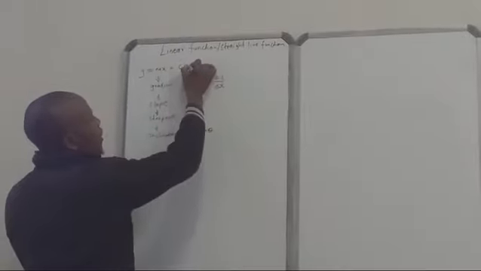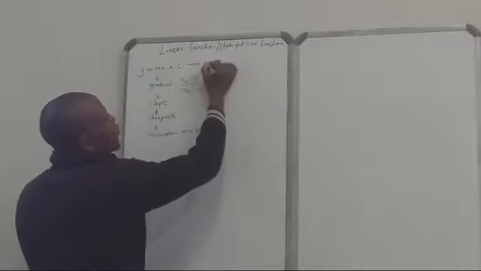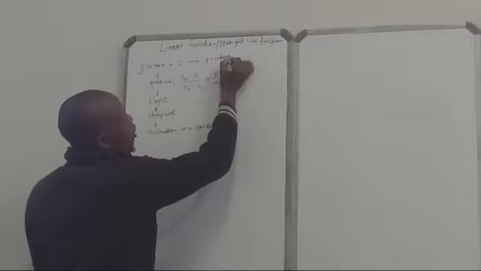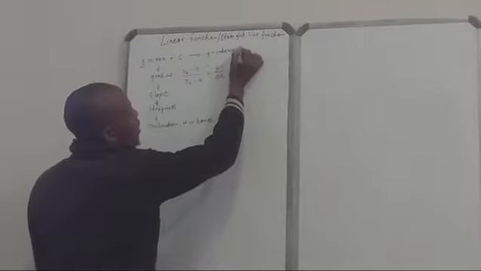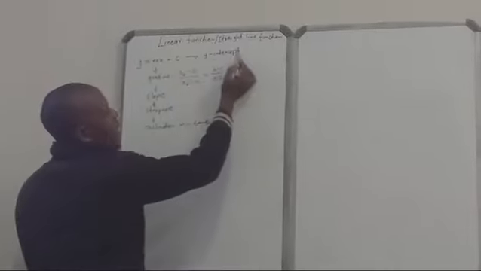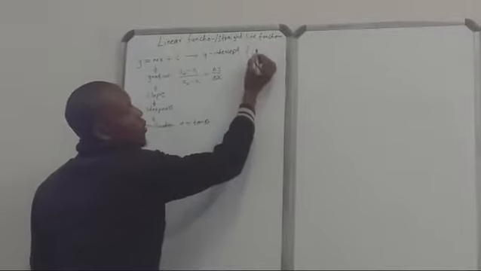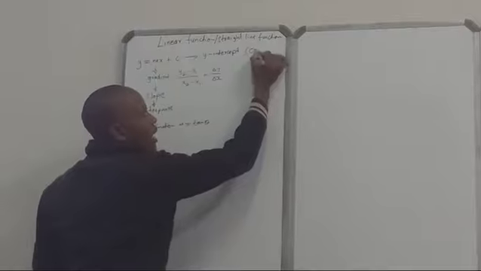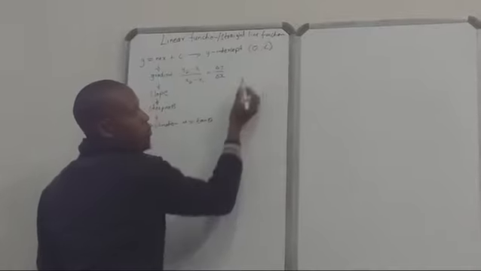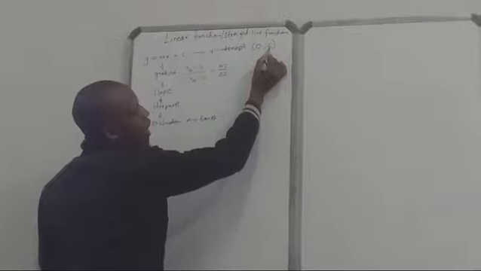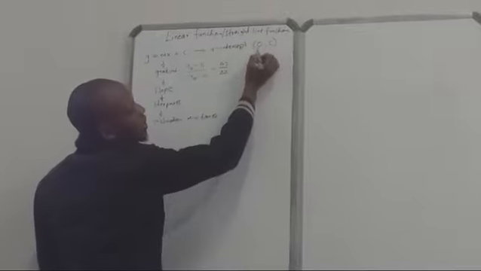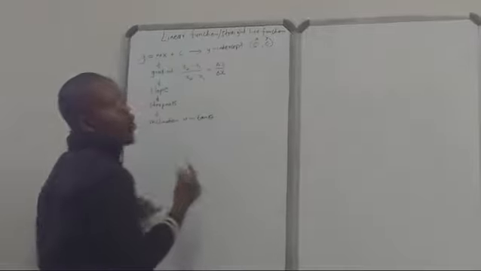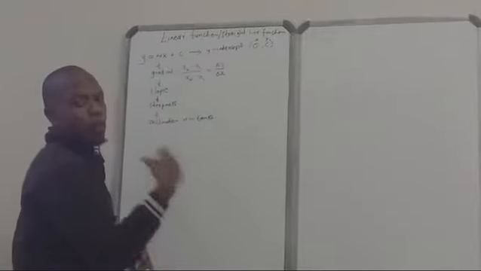And then c here stands for the y-intercept. c is the constant that stands for the y-intercept, and we could write the y-intercept as the point (0, c). When we write our point, we start with x and then y all the time.